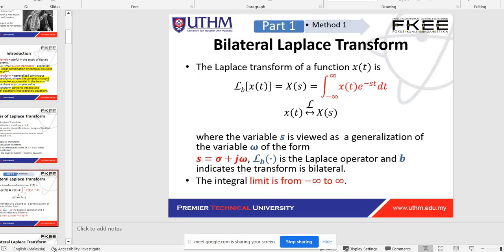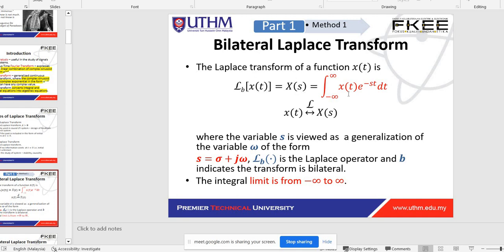For the bilateral Laplace transform, the symbol of the Laplace is like an L, and B refers to the bilateral. So the Laplace transform of the time domain becomes the S domain, X(s).